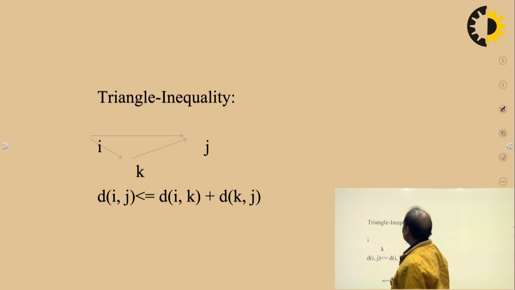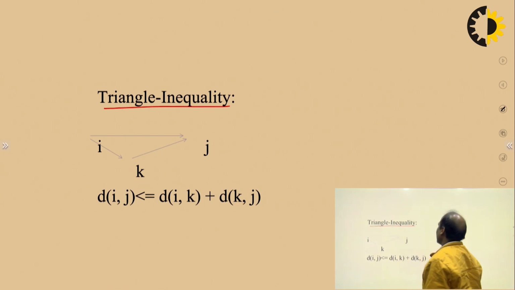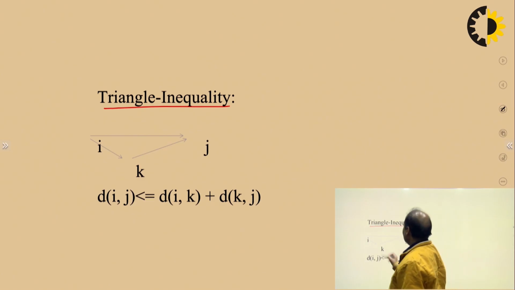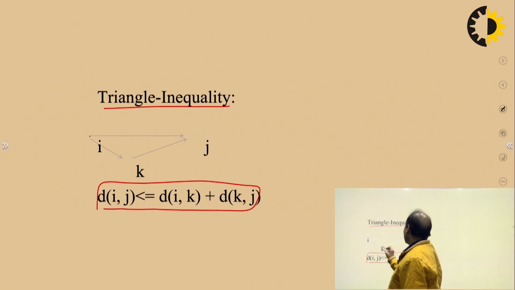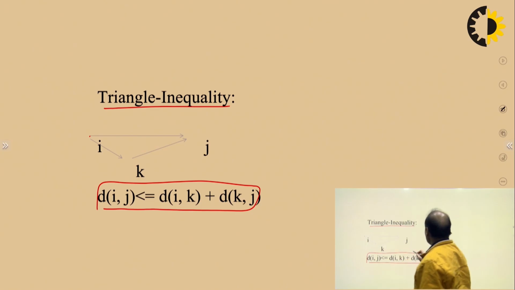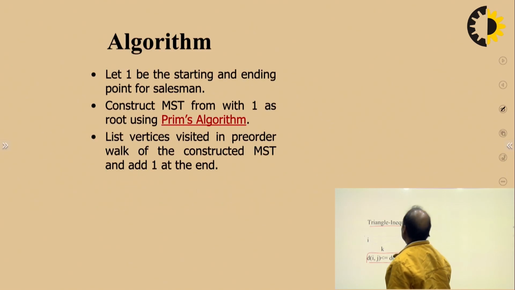This approximation works only if you have triangle inequality. What is triangle inequality? If you start from i to j via k, then dij is always less than or equal to dik plus dkj. If we follow triangle inequality, approximation can give you the solution.